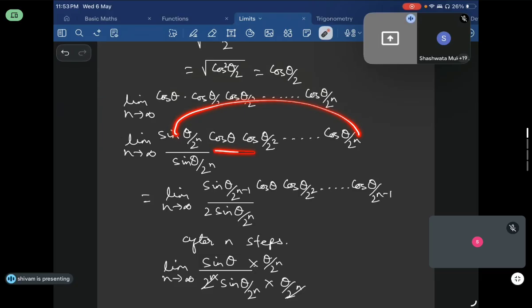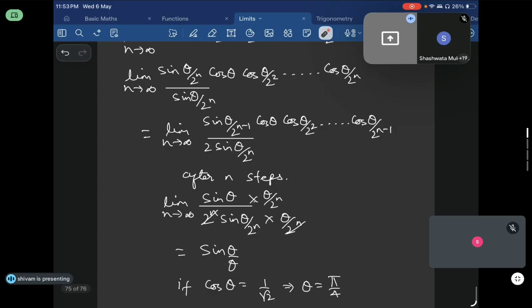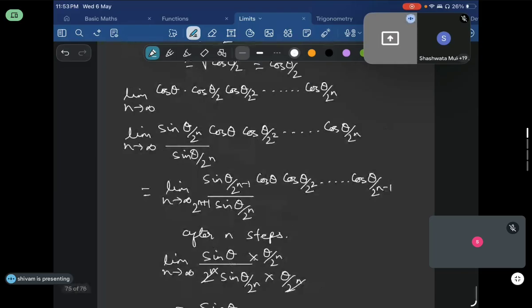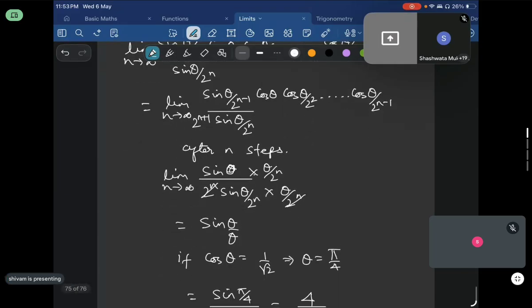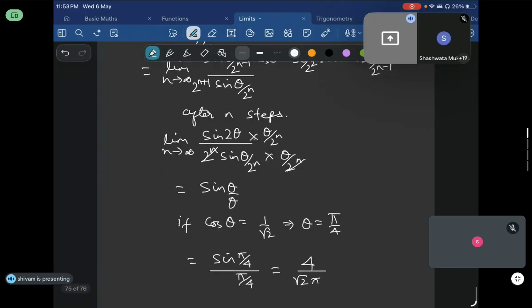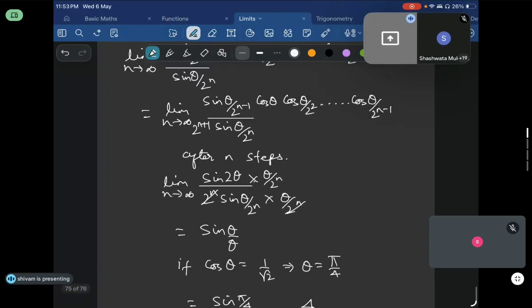So we are doing 2 to the power n plus 1 times. So the denominator will be 2 to the power n plus 1, and this will be sine 2 theta. Sine 2 theta divided by 2 to the power n plus 1.